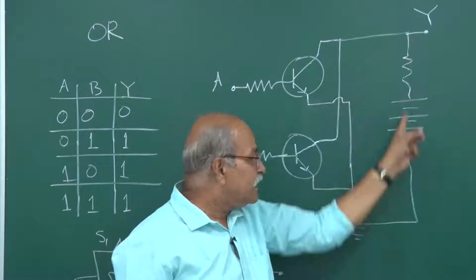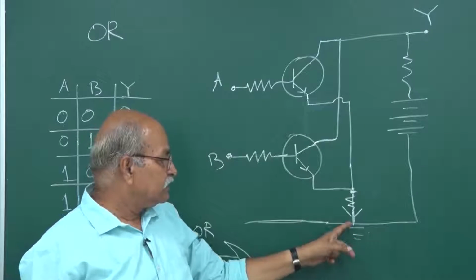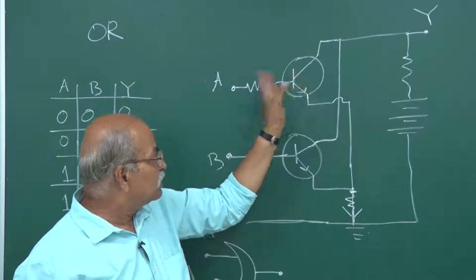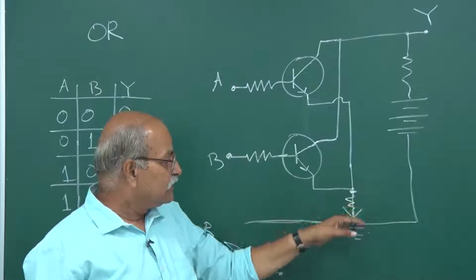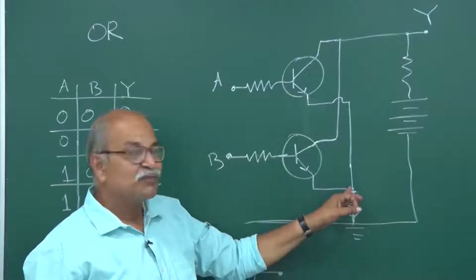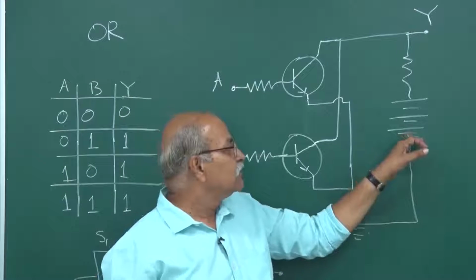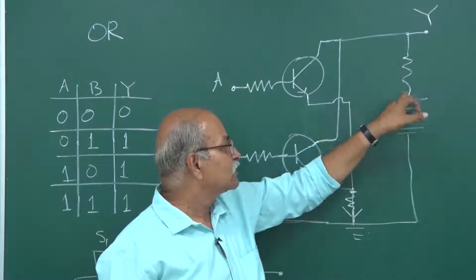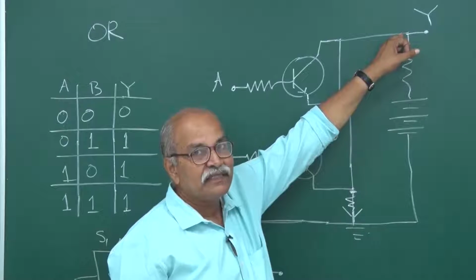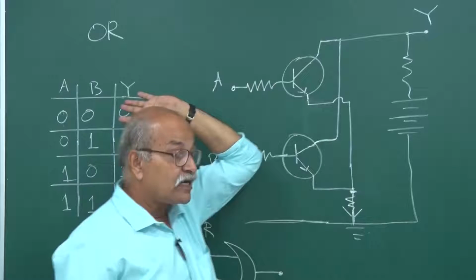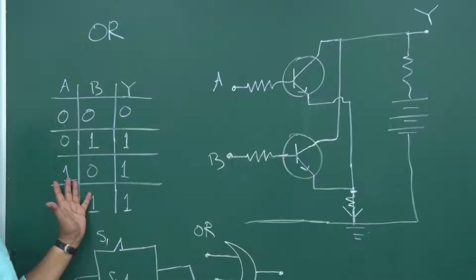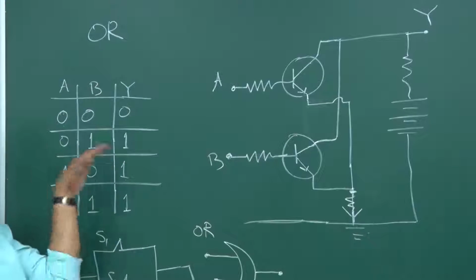And if there is no current, if 0 0 no current, then this potential is the same as this potential, this is low. But if this is low, then you have no current here, so this potential appears here and that is high. So it is just the opposite of this, it will be just NOT of this.